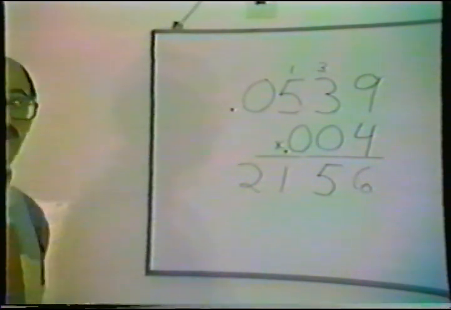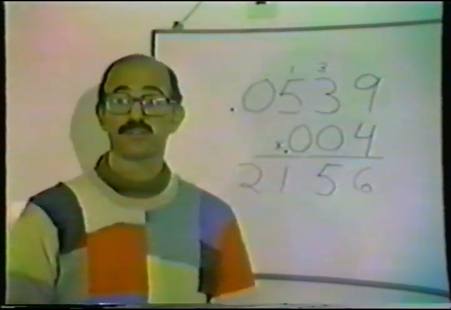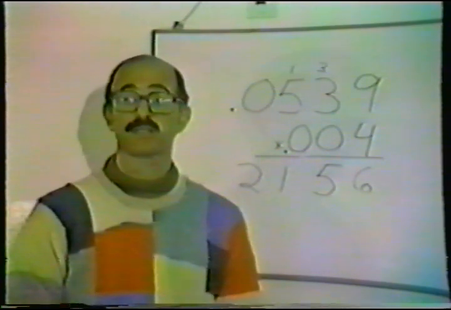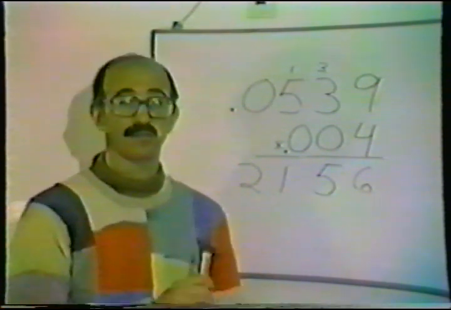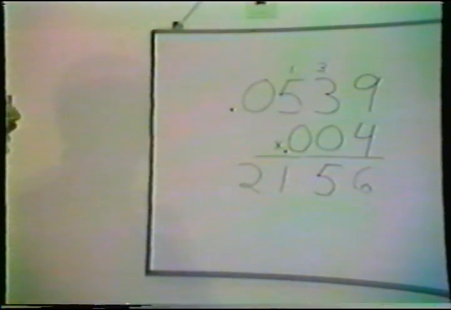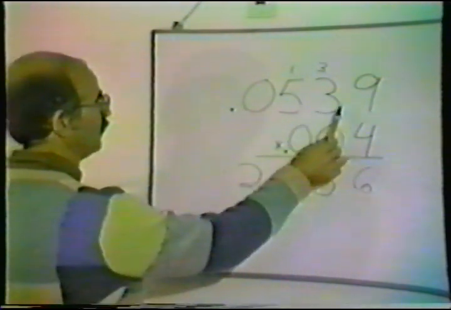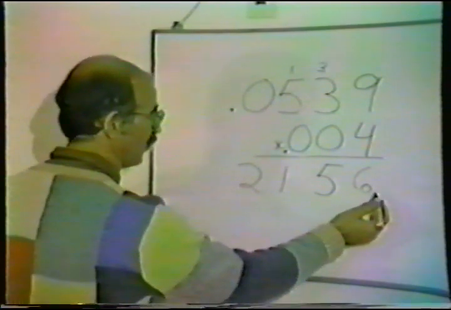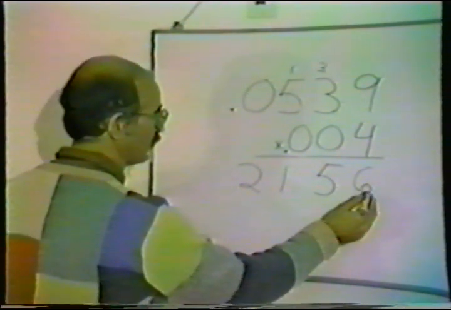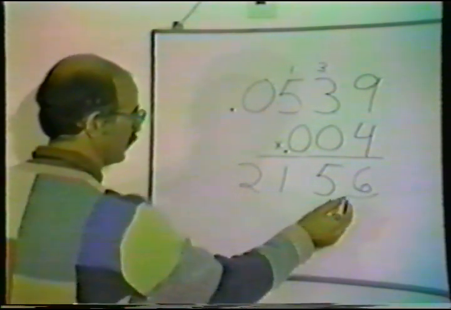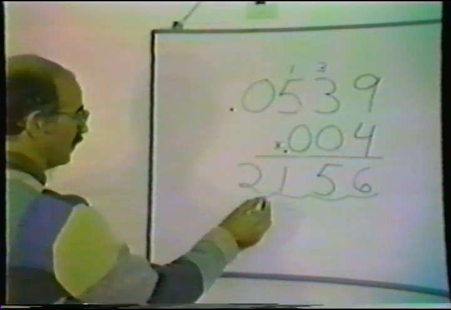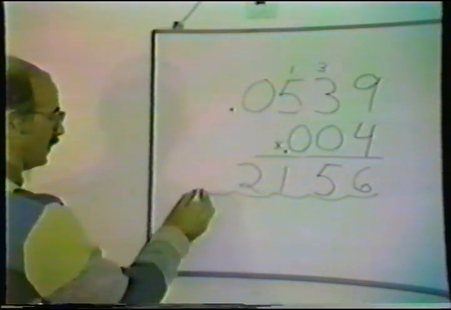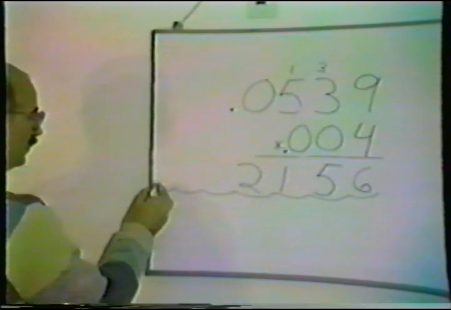Now, how many places are there to the right of decimal points that are filled with numbers? 7. 1, 2, 3, 4, 5, 6, 7. We have to go back 7 places.